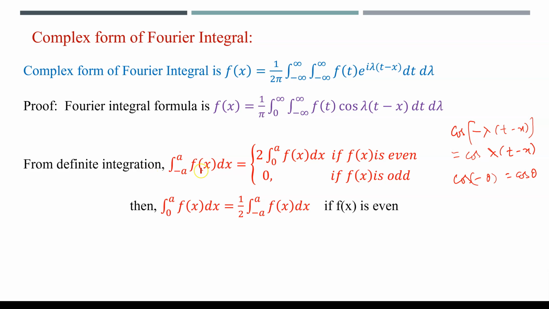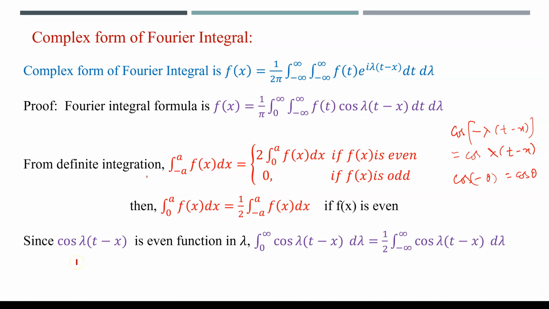If the function is even, we have seen integral minus a to a f(x) dx equals 2 integral 0 to a f(x) dx. If you transpose this 2 to the left hand side, we get integral 0 to a f(x) dx equals 1 by 2 integral minus a to a f(x) dx. When the function is even, we can write the integral in this form, and we use this formula to modify the integral of cos lambda into (t minus x) d lambda.